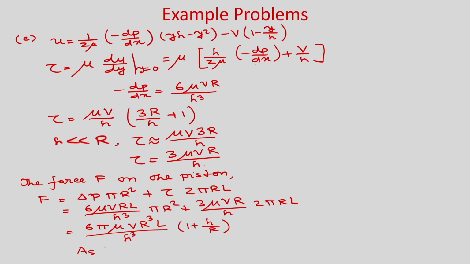As h is much smaller than r, F we can approximate as 6 pi mu V r cube L by h cube.